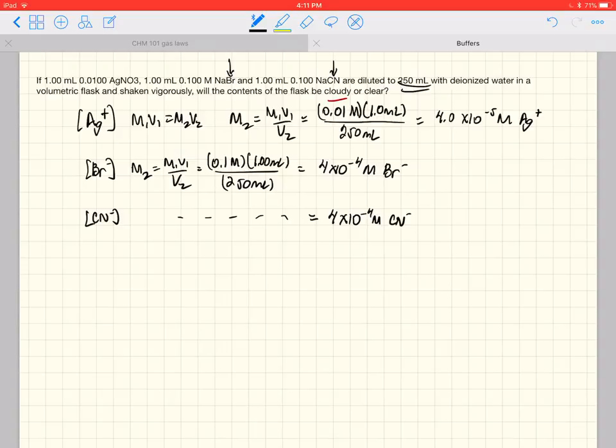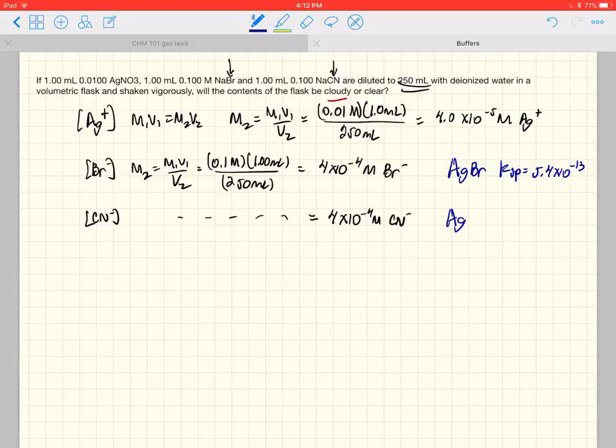Okay. Now, we possibly could form silver bromide, and that has a KSP value of 5.4 times 10 to the minus 13 in the table I'm using.